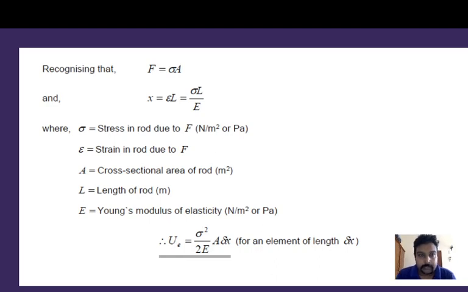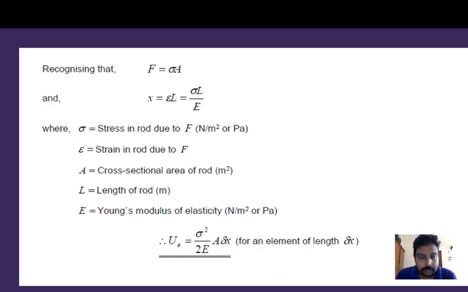Now we recognize the force as equal to stress times area, and you can also write the extension x as equal to epsilon times L. From Hooke's law, stress is equal to Young's modulus times strain, so you can take the extension as sigma divided by E, where E is the Young's modulus.